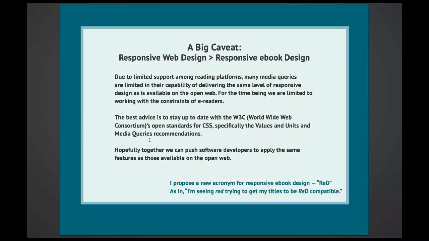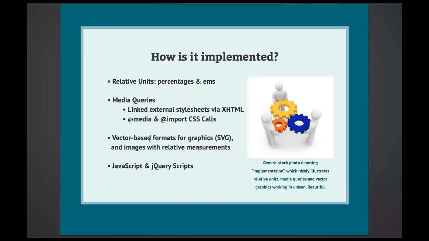So for that reason, we're still working towards coming to full responsive capabilities for ebooks, but as I'll explain later, there's definitely some starting points that we can take. And just at the bottom here, I thought that the acronym for responsive web design is RWD, and so I thought we could take on our own and call it RED. And yeah. Okay. So how is responsive design implemented?